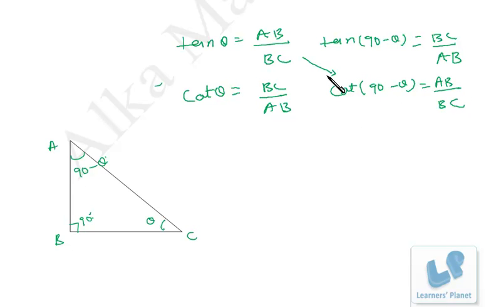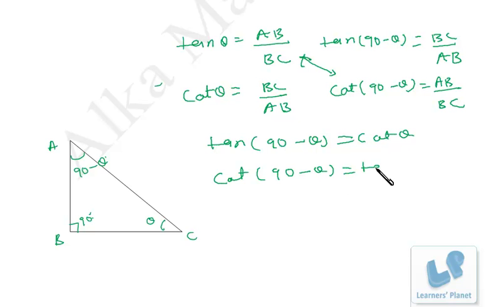Now just see this too. So tan theta and cot 90 minus theta are the same, and similarly cot theta and tan 90 minus theta are the same, right? So we can say tan 90 minus theta is equal to cot theta, and cot 90 minus theta is equal to tan theta, right?